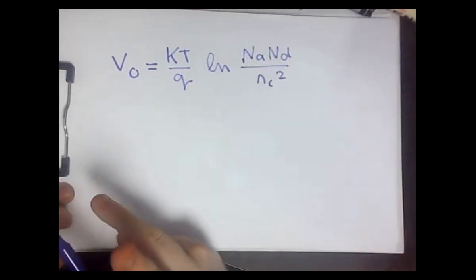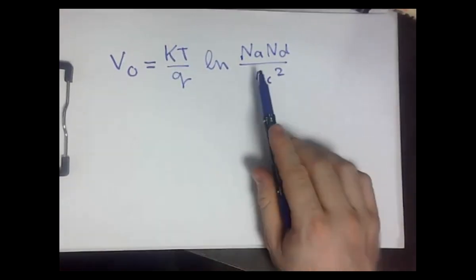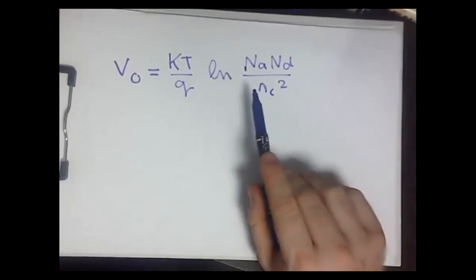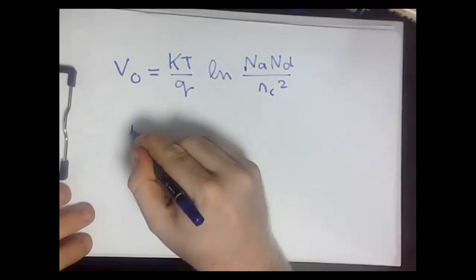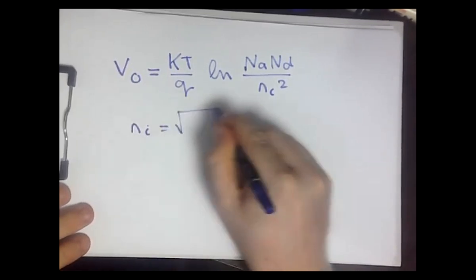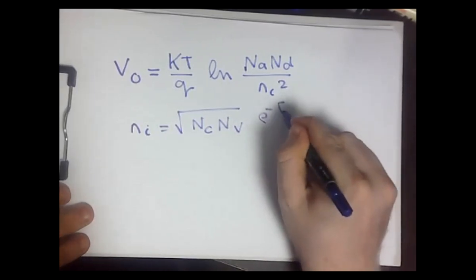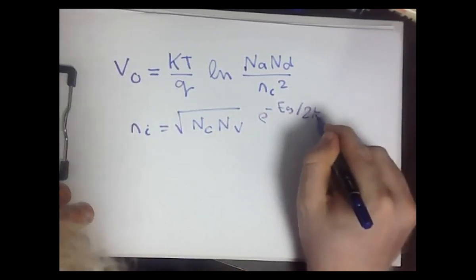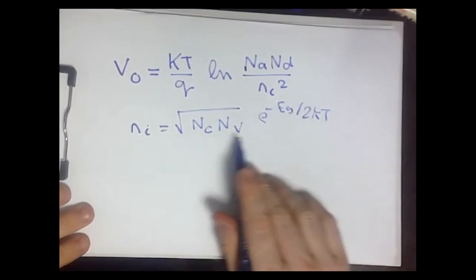So as you can see, of course, V node, or the built-in potential, depends on temperature. It depends on the type and the value of the doping Na and Nd, and it depends on Ni squared. Now Ni, if you remember, is equal to root of Nc Nv e to the power minus Eg over 2kT. So Ni is temperature and material dependent.